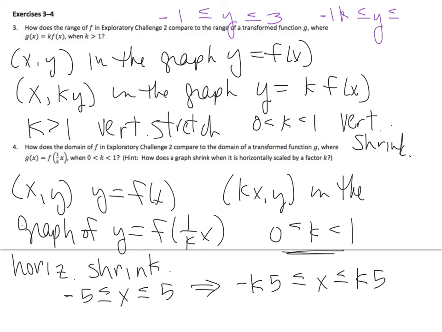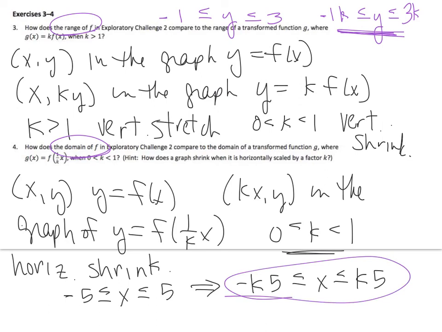So that is how my range would change, because it's asking how does the range change? We use our scale factor to multiply the minimum and the maximum of our range and the minimum and the maximum of our domain for each. Cool? Cool.